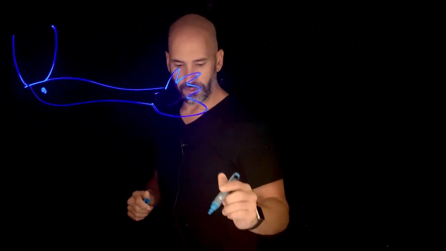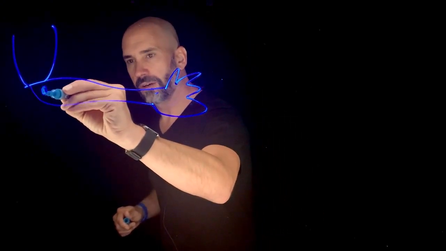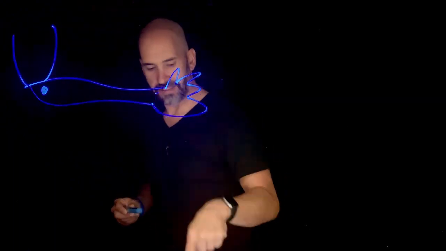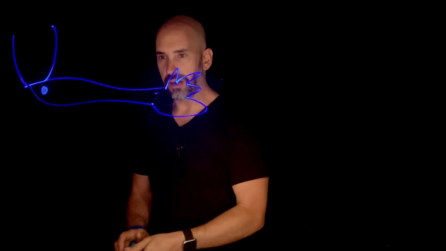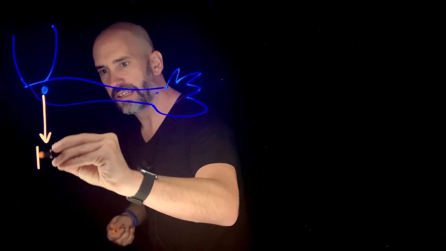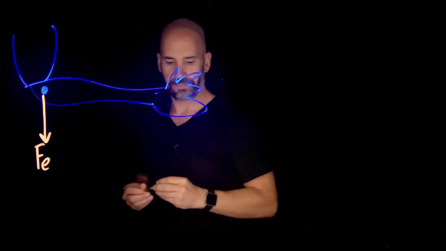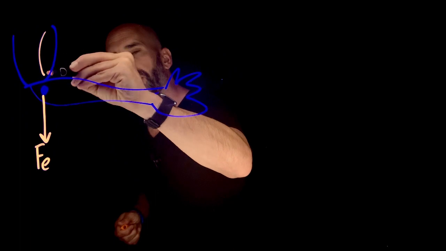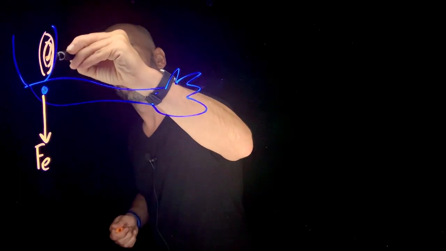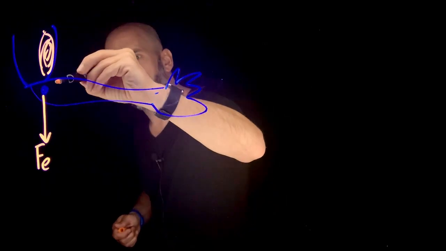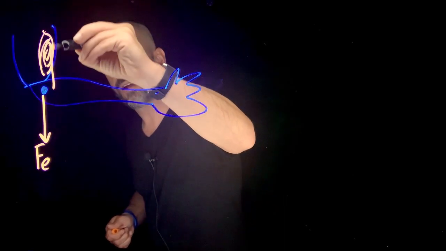And so this is the elbow right here. You see there's a bone acting on it, and so there's actually going to be a force of that bone acting on the elbow. I'm going to call that FE for elbow force. And you also have this bicep muscle here, and that bicep muscle is applying a force to the arm very near to the elbow.